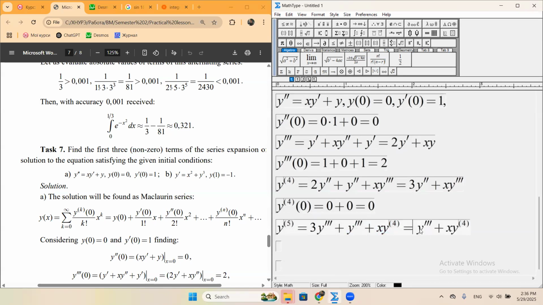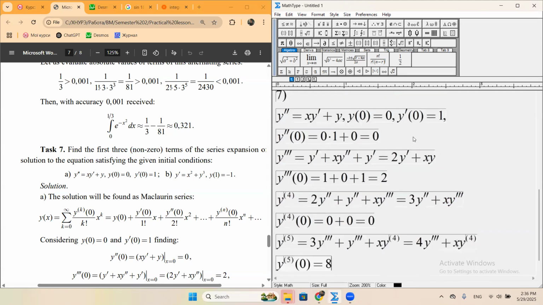So the following value. And now calculating the fifth derivative at point 0, the third derivative at point 0 equals 2. So we have 8, and here will be 0.